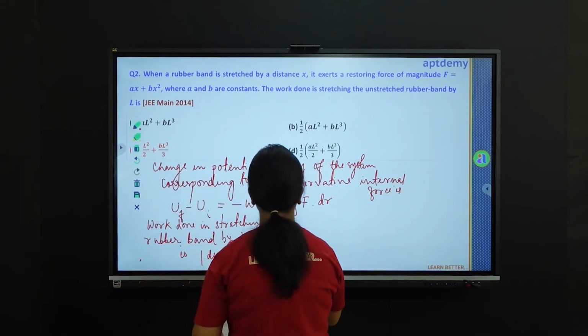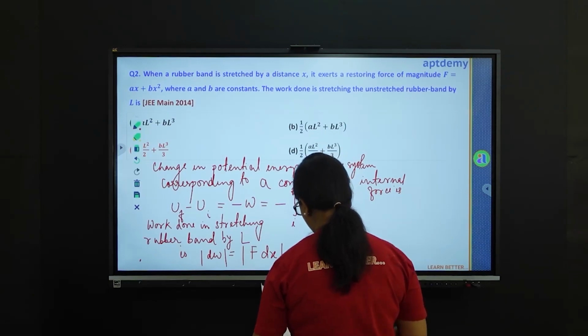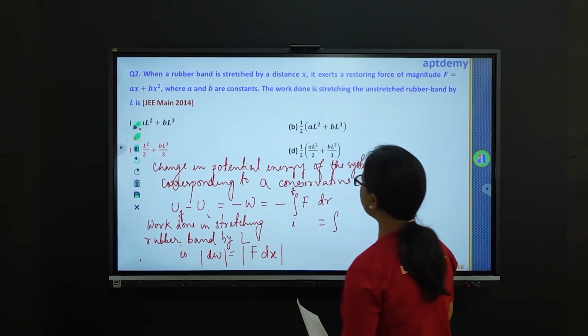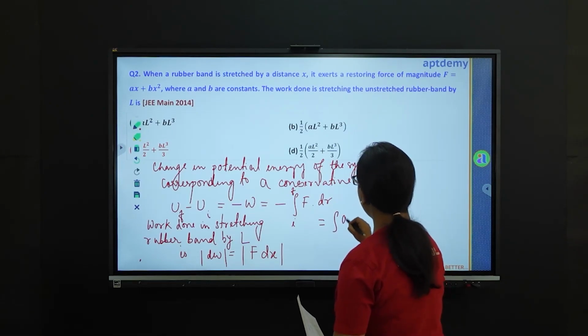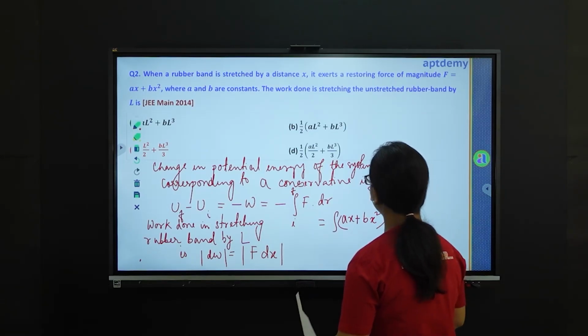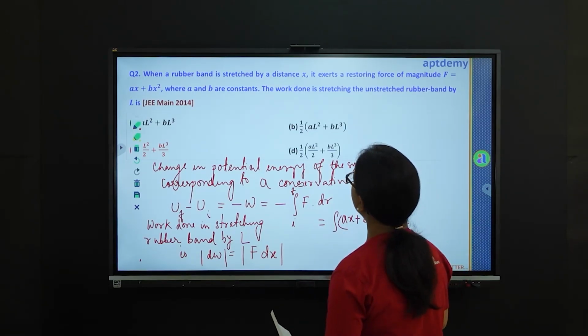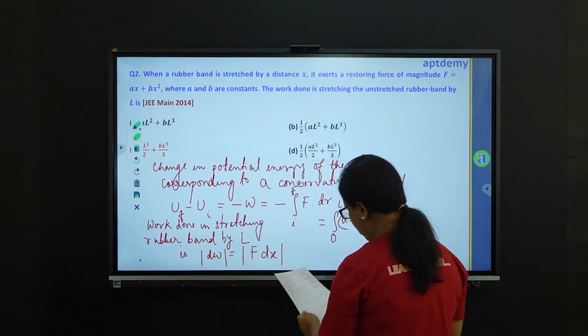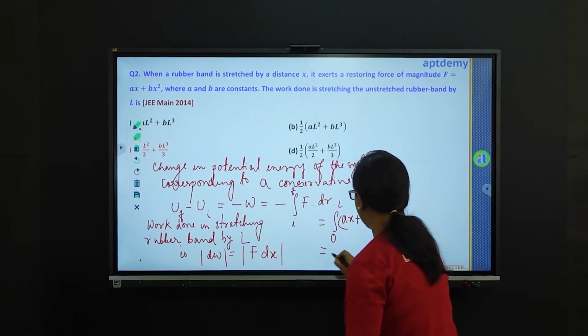Let's work out the integration part now. We know the value of F. F is given as ax plus bx square. We need to integrate this, and the limits are from 0 to capital L. So let's integrate this; we'll put in the limits later on.